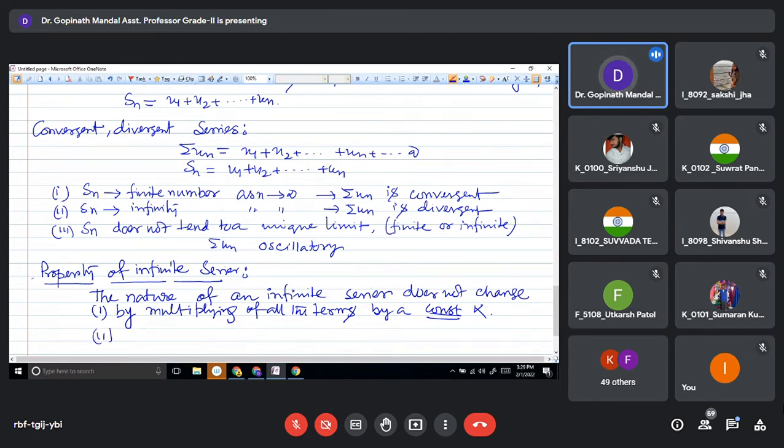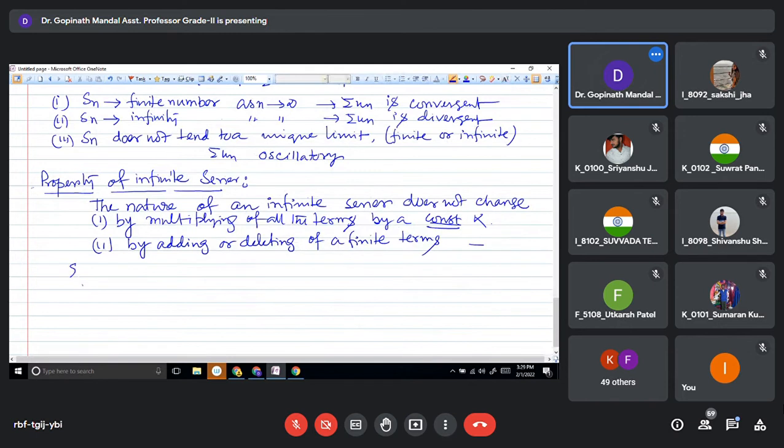And the second one is by adding or deleting a finite number of terms, the nature of the infinite series does not change. That means suppose we have a sequence. Giving an example.